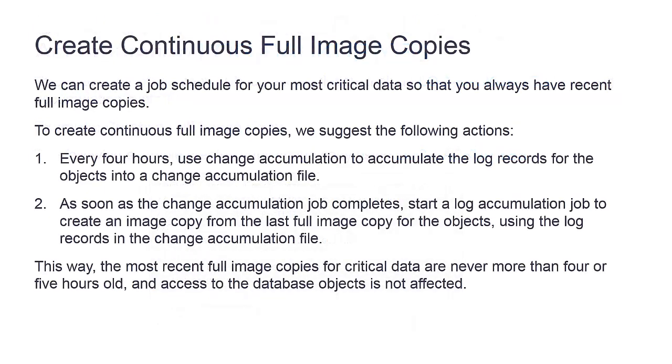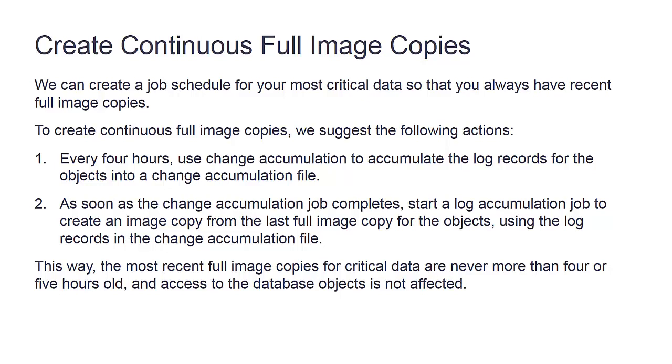Using CA Merge Modify, you can schedule the log and change accumulation jobs so you always have recent full image copies for your most critical data. To create continuous full image copies, we suggest the following actions. Every 4 hours, use accumulation to accumulate the log records for the objects to a change accumulation file.